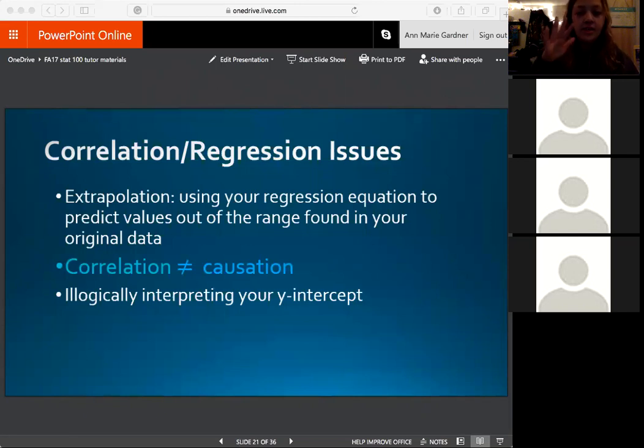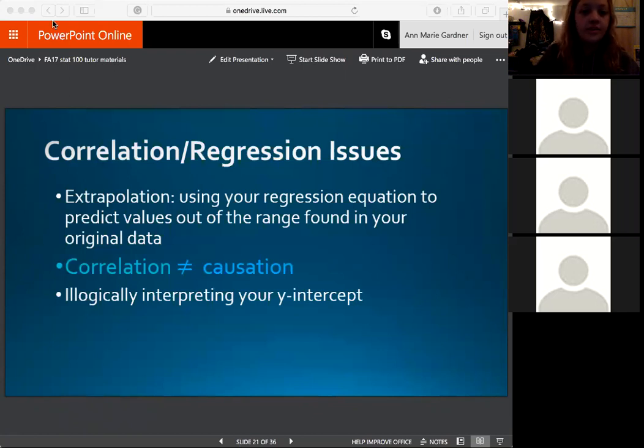Extrapolation is basically saying that we look way down the road for data sets that we don't have, in the future, and try to predict those values just because they fall on the line and follow the same pattern, which is not true, because we can't make the assumption that the same trend is followed as we go further out in the data. So we're only allowed to make inferences about the data set that we have currently. We can't make inferences about those that are farther out, because that's extrapolating and making different assumptions there.